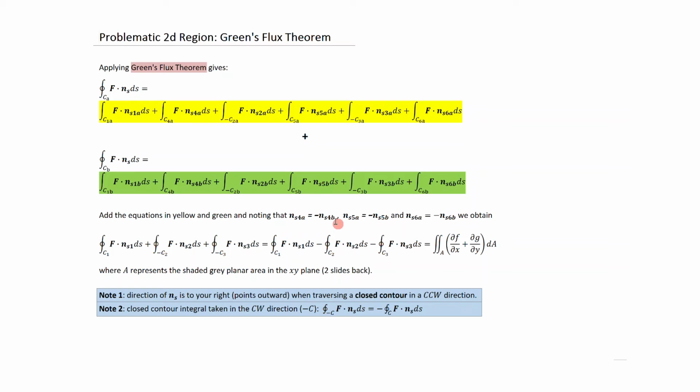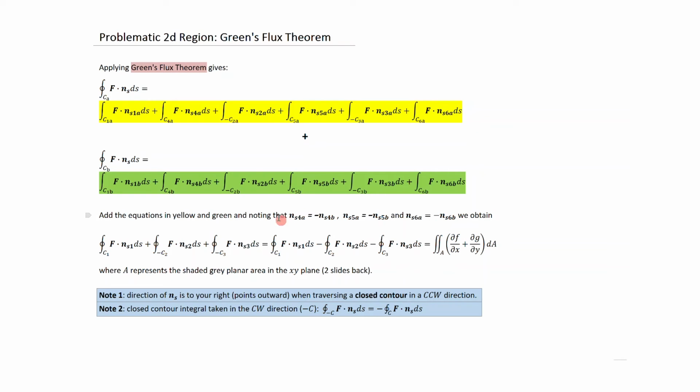Here we will find that for the particular segments 4A and 4B, the normals are basically in the opposite direction. These segments are on top of each other. And similarly, the normal of S5A is the negative of the normal of S5B, and the normal of S6A is in the opposite direction to that of S6B.